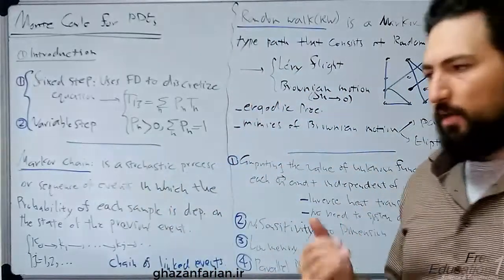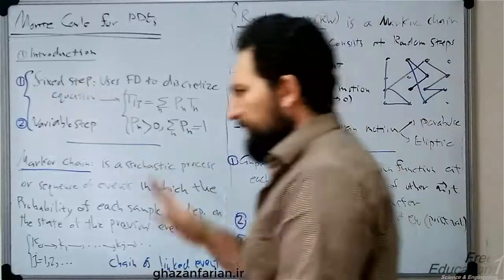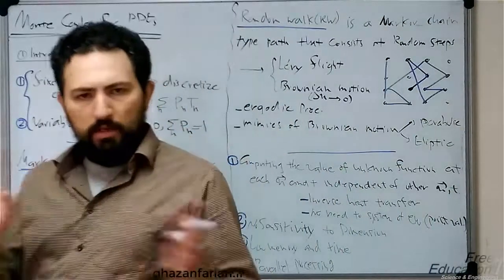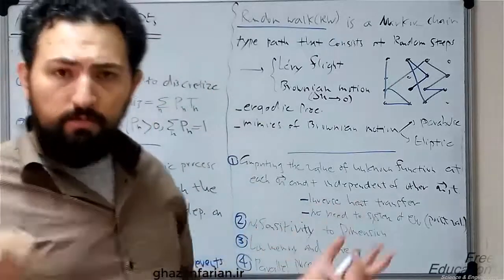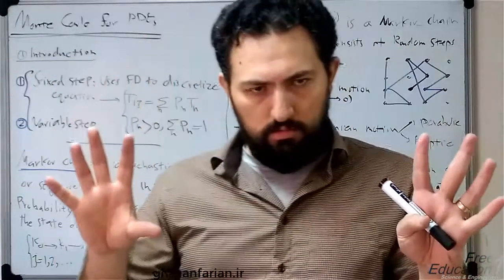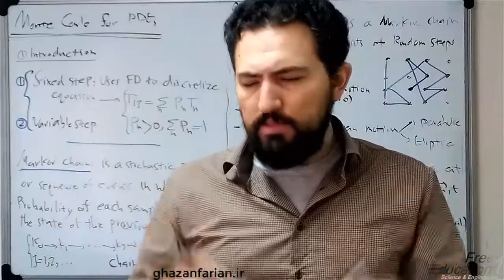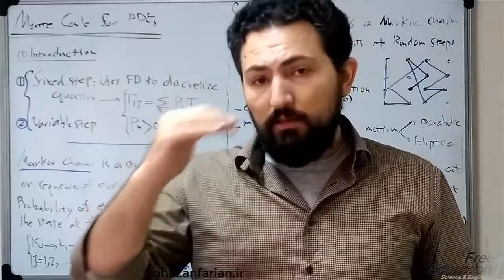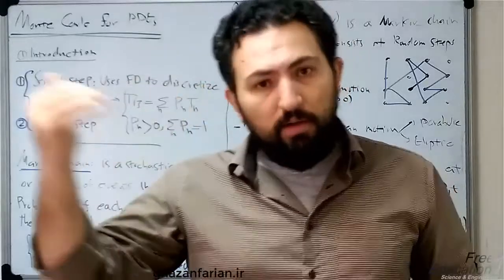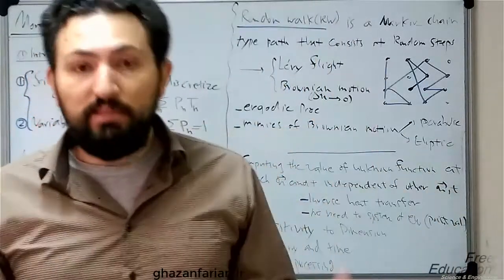When you discretize a partial differential equation using the finite element method, finite volume method, or any other numerical method, you have many unknown functions at grid points in space, and you have to solve a set of equations, a system of algebraic equations, simultaneously.